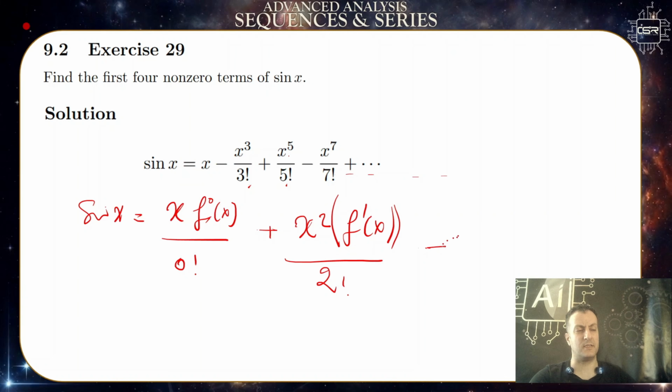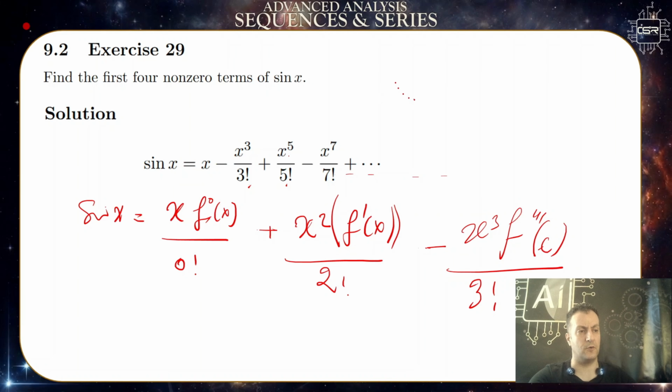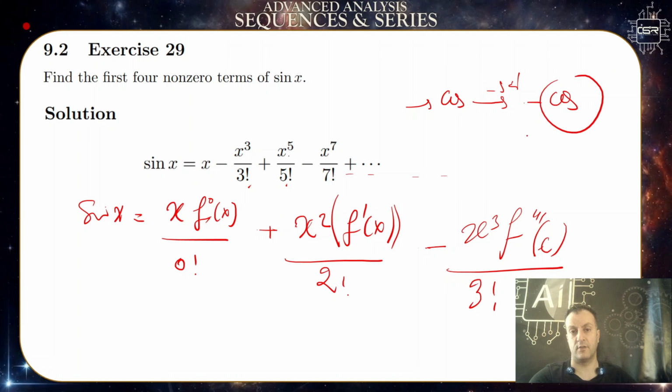Okay, so minus x^3 times the third derivative of the function, divided by 3 factorial. The third derivative: sine goes to cosine, then cosine to minus sine, then minus sine to minus cosine. This is the third derivative. Minus cosine 0 is minus 1 multiplied by x^3 divided by 3 factorial.